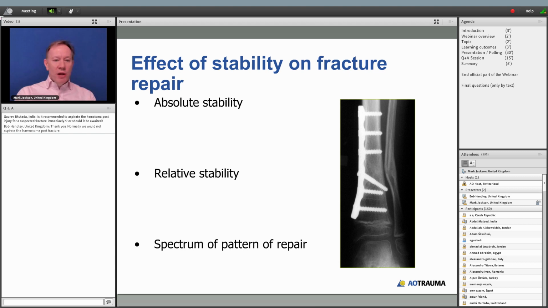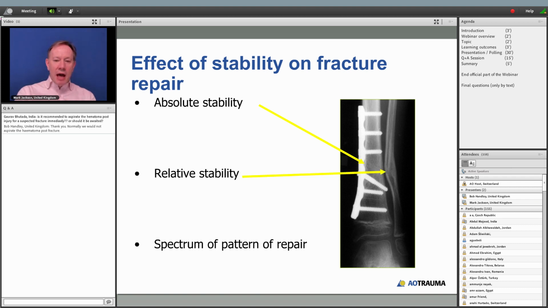And we can see just in one example, this is a case of mine from some time ago, where I treated an open children's fracture with absolute stability. And you can see in the tibial fracture treated with compression plating and interfragmentary lag screwing, that we've got primary bone union and absolutely no callus formation.